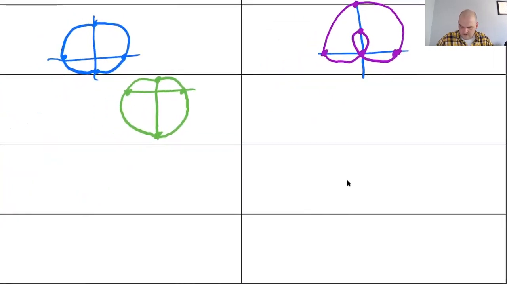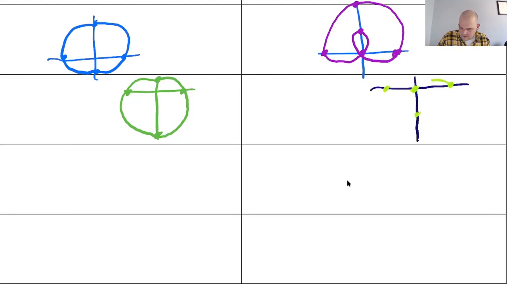Let's see. All right, so start with this and this. And so you're going to go here. And then what's going to happen is you're going to go here, here. You're going to go back to the origin, and you're going to go out here. Okay, so here I go.